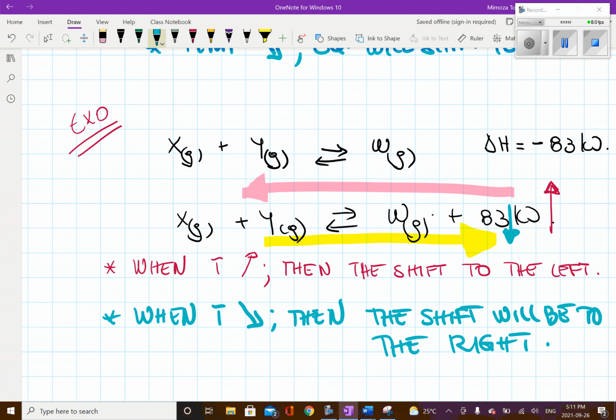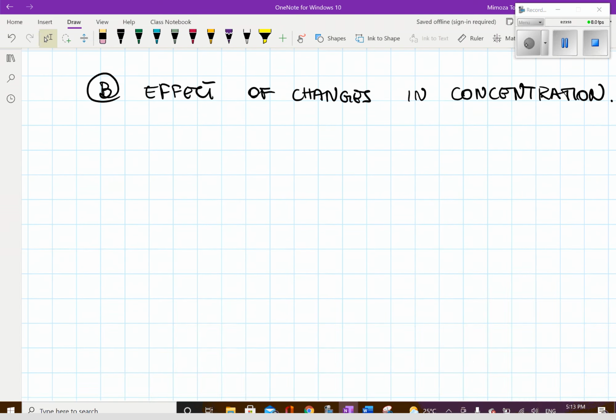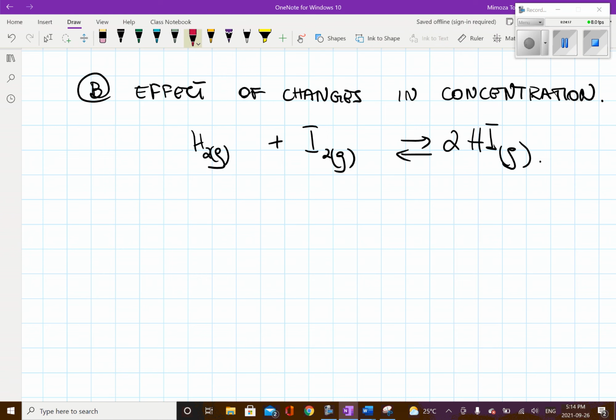This is temperature. Let's see concentration. So let's suppose that we have this reaction: H2 plus I2, and we're reaching the equilibrium at 2HI. Okay, so now what I do, I disturb the equilibrium system by adding H2.